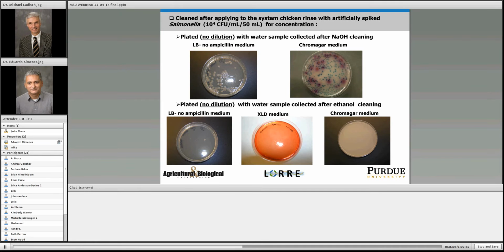So on your left side, again the first two pictures, you have cells plated on a non-selective medium. Before, I should have said that in this case it was an experiment where we used salmonella. It was related to the previous slide, where we inoculate a concentration of 10 to the 4 CFU.